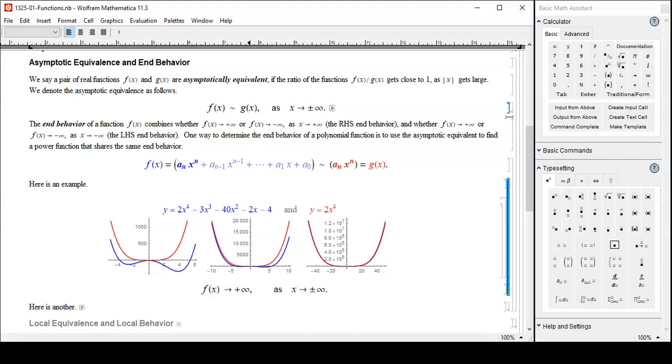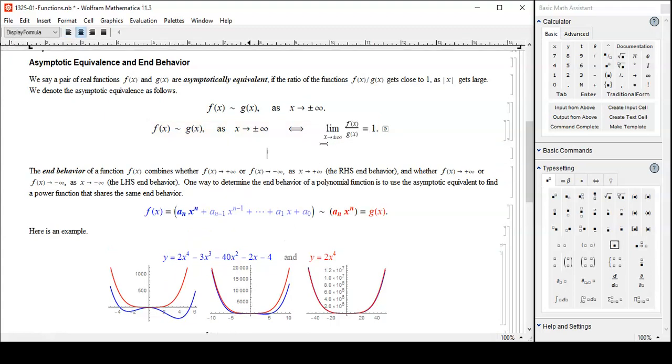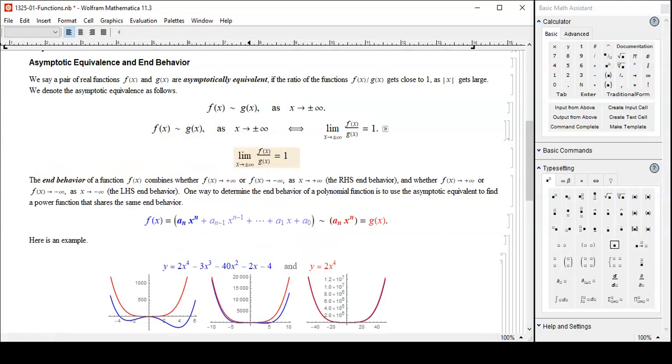It turns out that the ratio f of x over g of x gets very close to 1 if x gets really large. That does not mean f of x and g of x get pretty close to each other. I mean, these two are different.